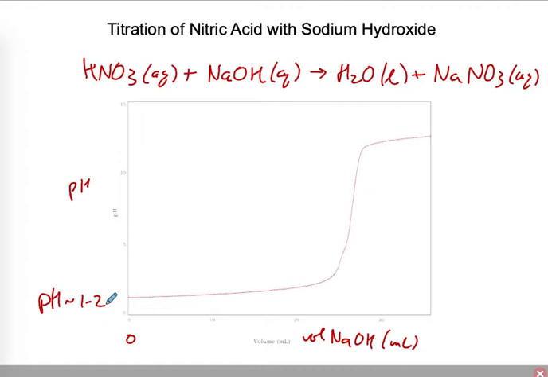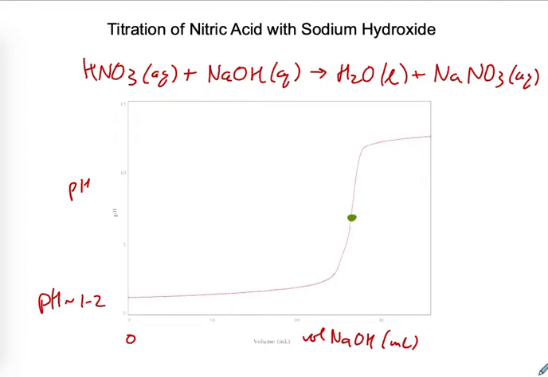We see a very, very rapid increase, and you notice that there is what's called an inflection point, the point where the pH is changing most rapidly. That corresponds to what's called the equivalence point. The equivalence point, the point of inflection, is when the moles of sodium hydroxide we've added are equal to the initial moles of nitric acid present. Okay? And let me write that down.